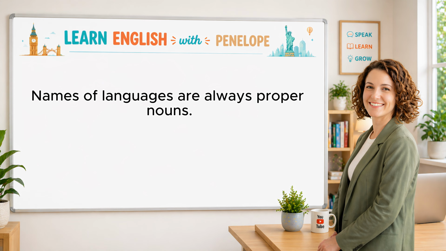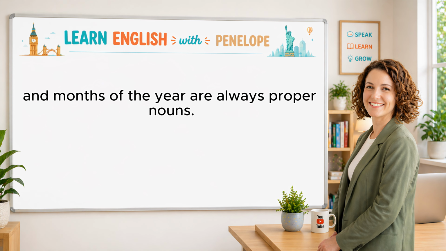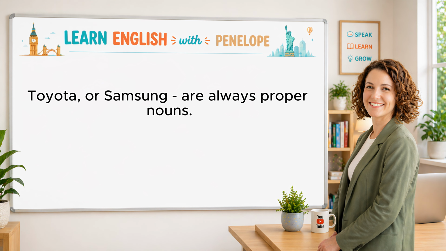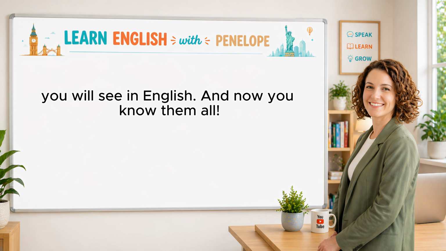Names of languages are always proper nouns. Days of the week and months of the year are always proper nouns. Brand names, like Coca-Cola, Toyota, or Samsung, are always proper nouns. These are the most common groups of proper nouns you will see in English. And now you know them all.